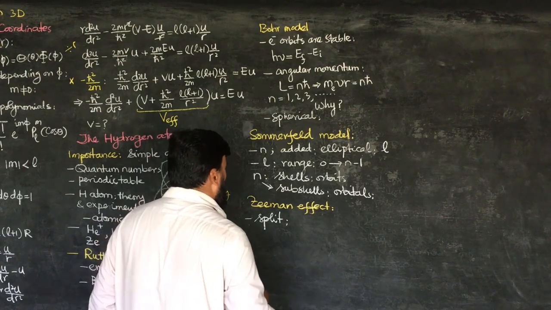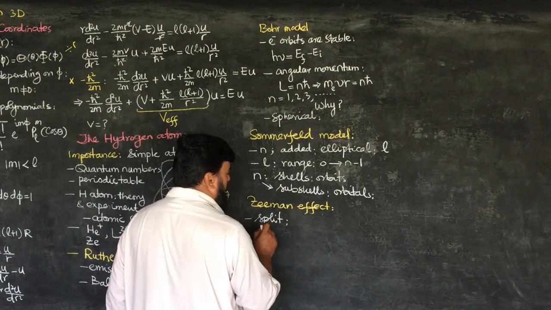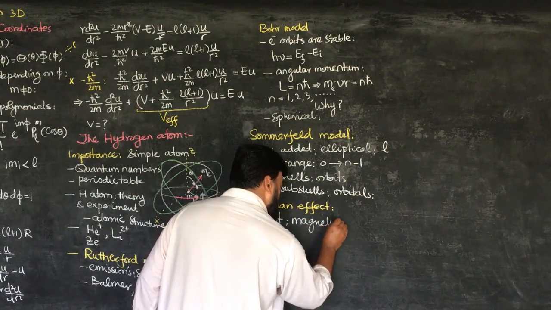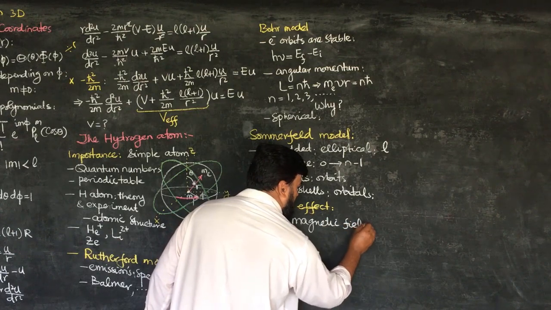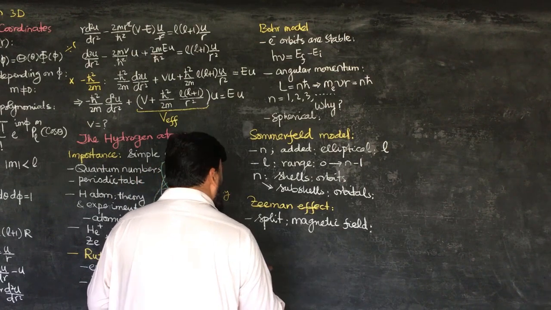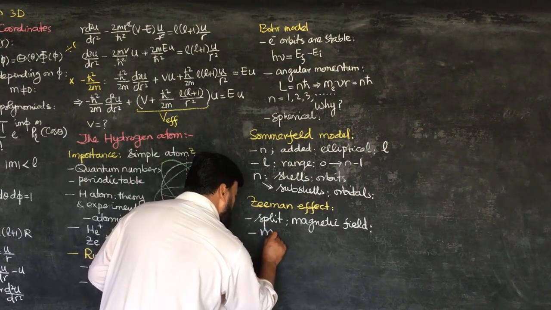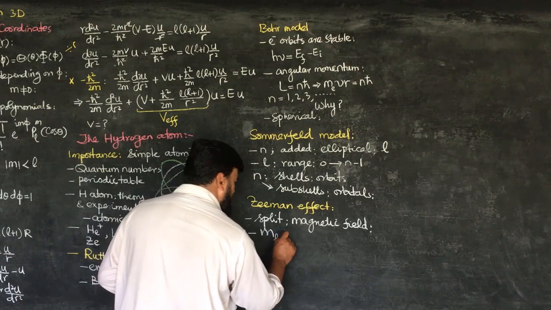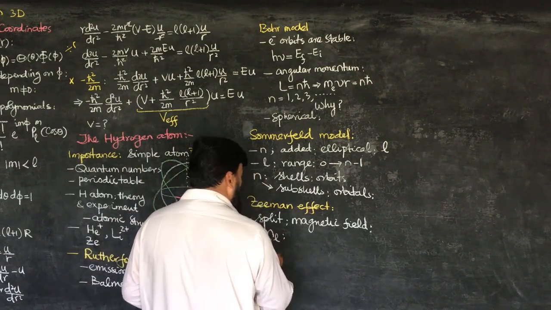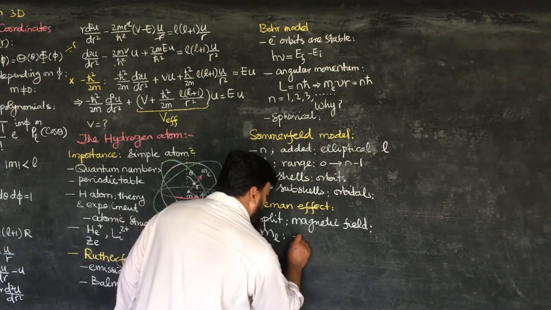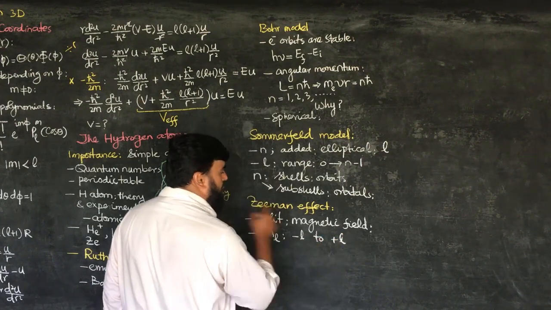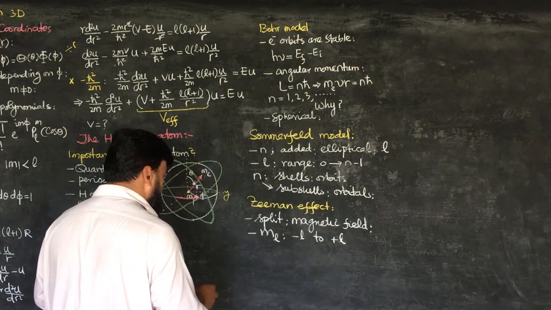These emission lines split into two or more lines when we place the atom in a strong magnetic field. To explain this, another quantum number was added, called ML, the magnetic orbital quantum number, such that these MLs range from -L to +L, including 0.